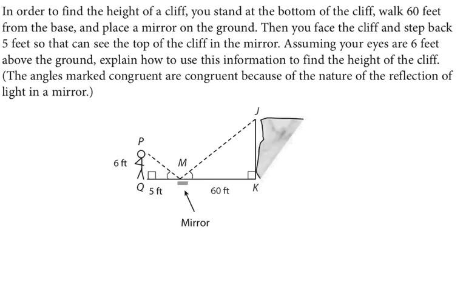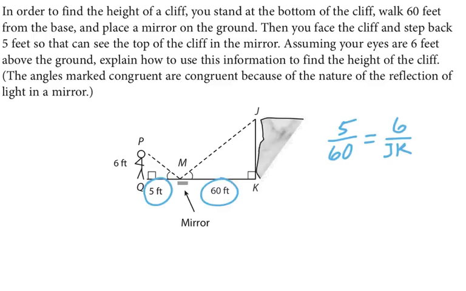So we'll take 5 feet divided by 60 feet, because those are the two distances we walked, so they're related to each other. 5 divided by 60 is equal to 6 feet, which is how high the eyes are off the ground, divided by JK, which is the height of the cliff.